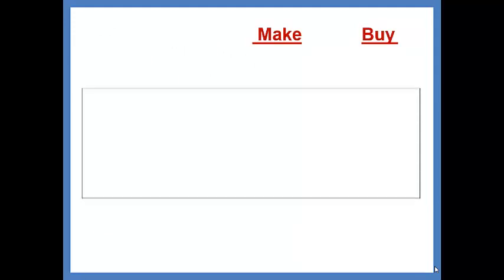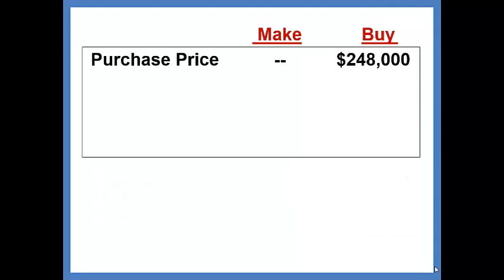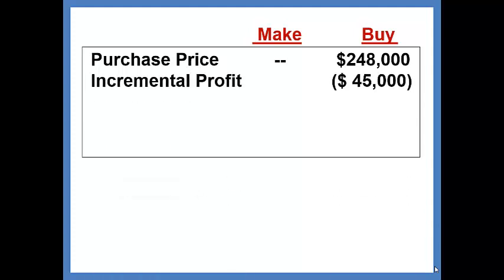All right, so our analysis is going to look very similar to part A. We're going to have a purchase price of $248,000. That's the $6.20 per part times the 40,000 parts that are needed. But we're going to have incremental profit of $45,000 if we decide to buy. So I'm going to reduce that.